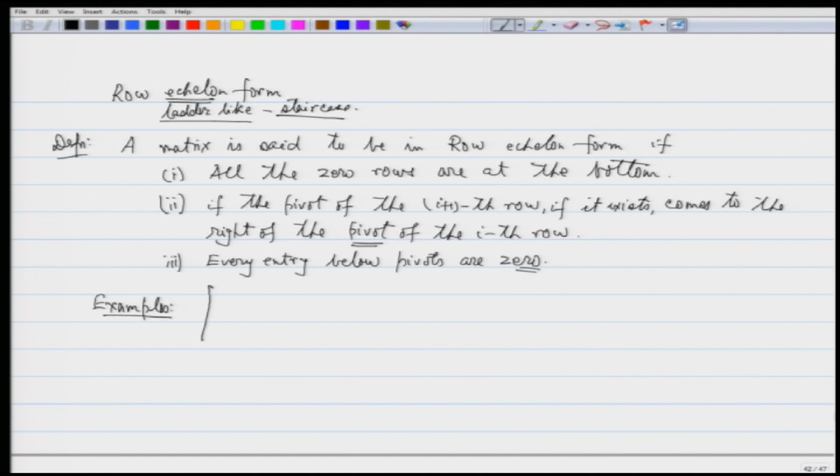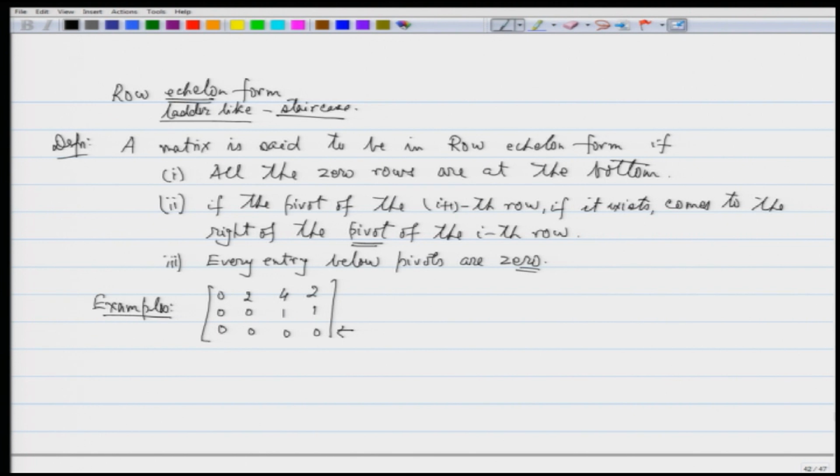So, let us look at this matrix. Now, if I look at this, look at the definition, all the 0 rows are at the bottom. Yes, it is at the bottom, there is no problem. If the pivot of the I plus 1th row comes to the right of the pivot of the ith row.